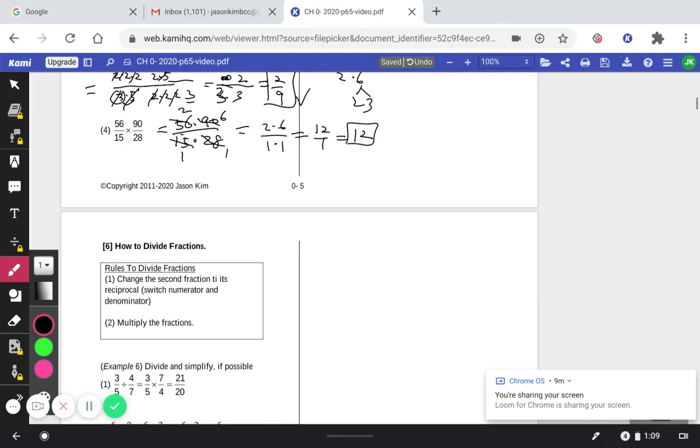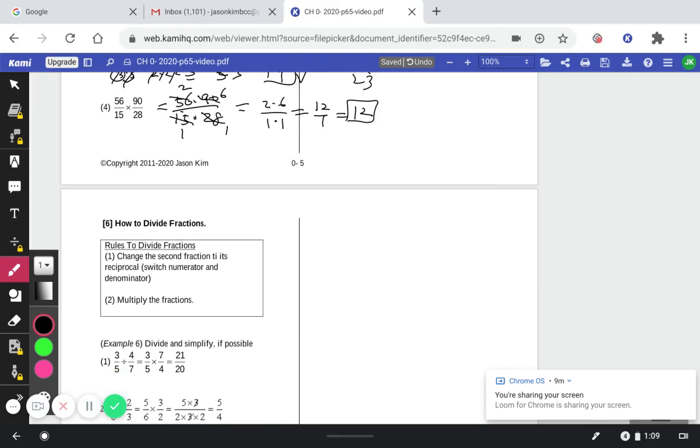Now let's get into chapter 6, how to divide a fraction. Multiply fractions, you just multiply across. So A over B times C over D, then A and C go on top, B and D go on the bottom. That's multiplication.